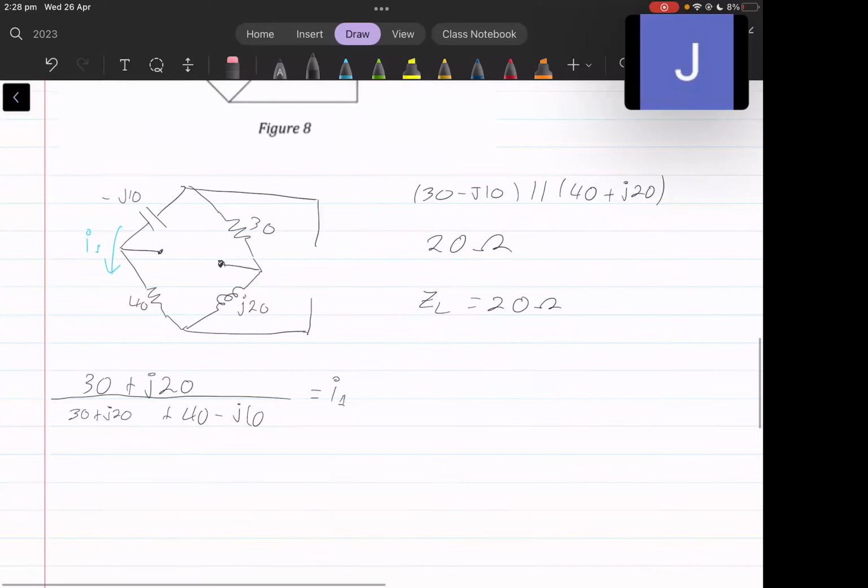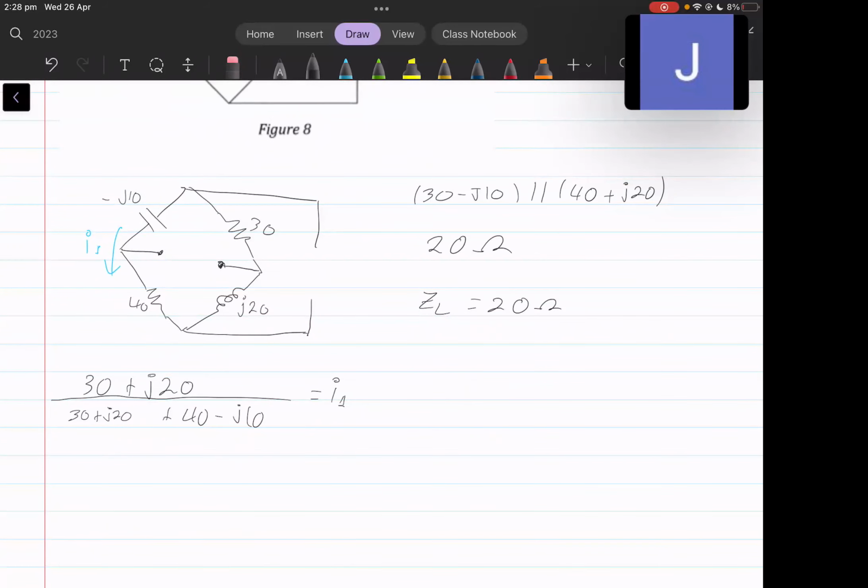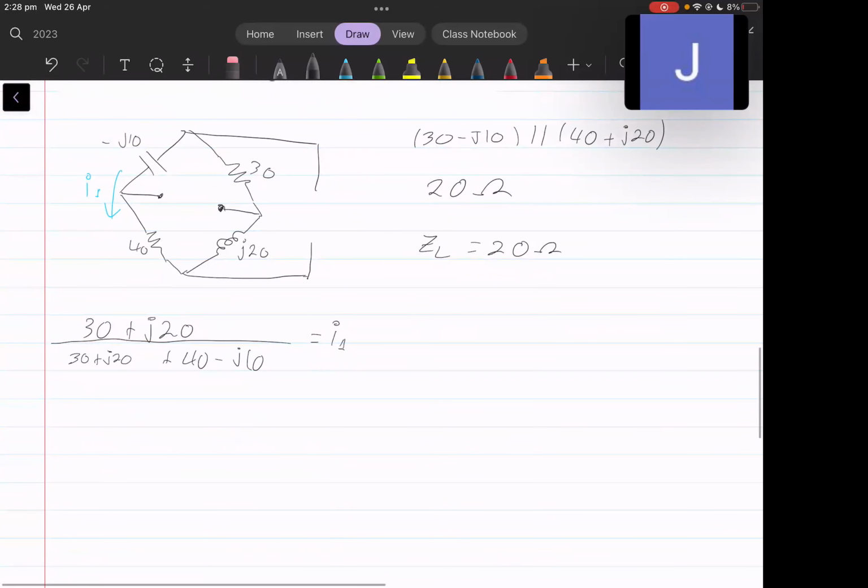And for the right-hand side, we just do the other way around, where we have 40 minus J10. And it's always the resistor you're not looking at to work it out.